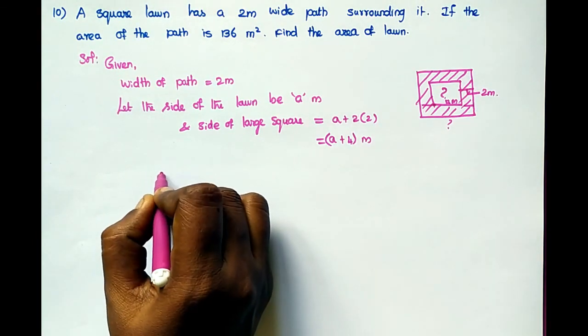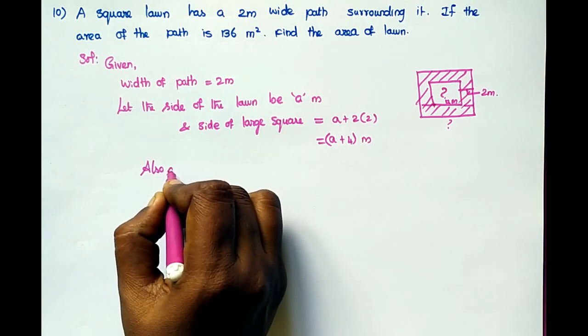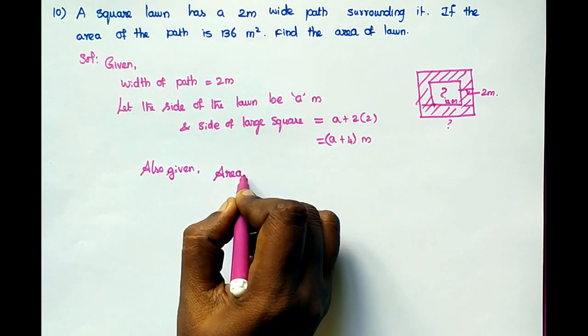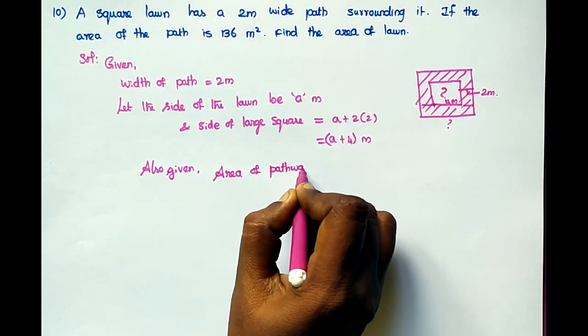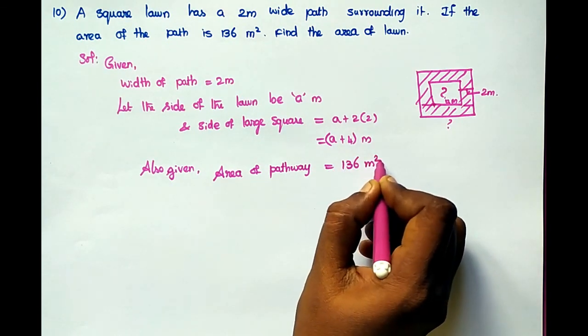Now also given, area of pathway equal to 136 meter square.